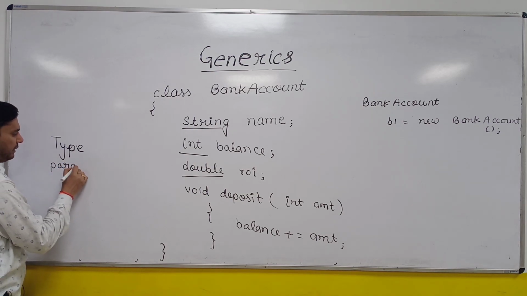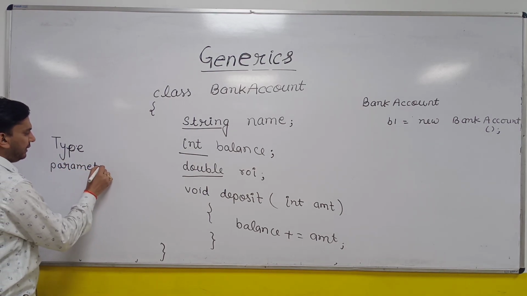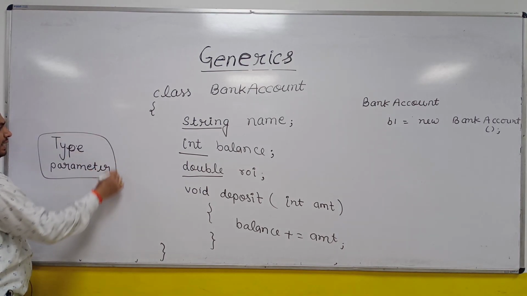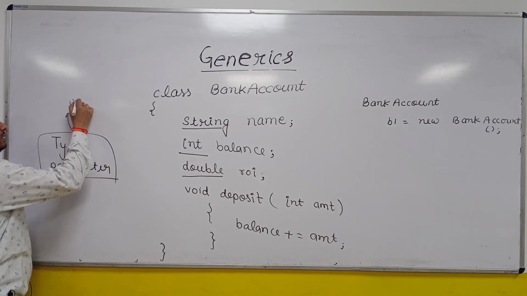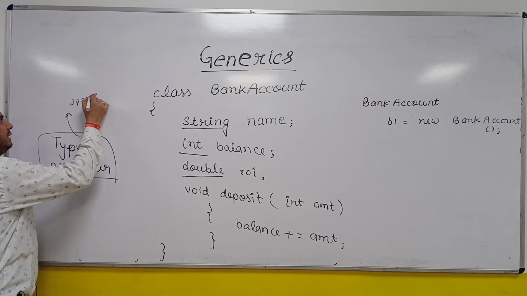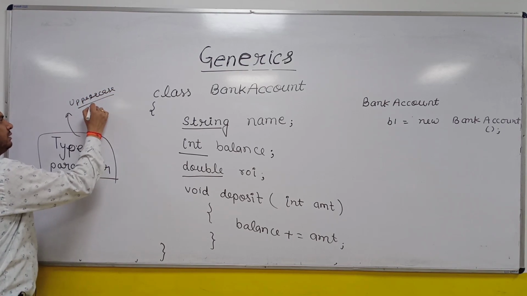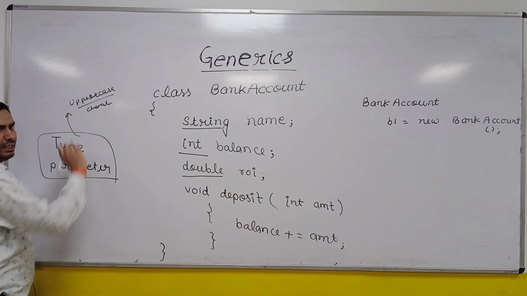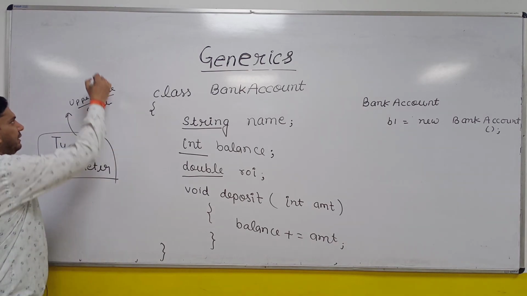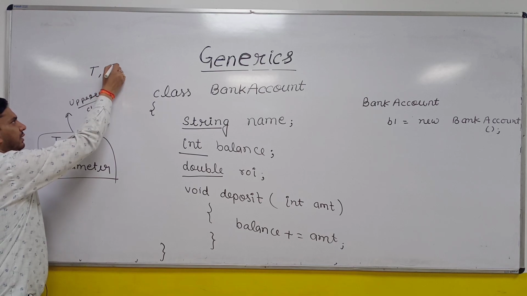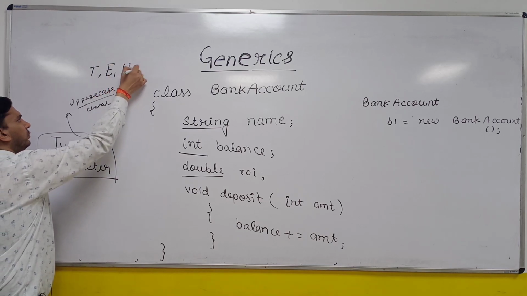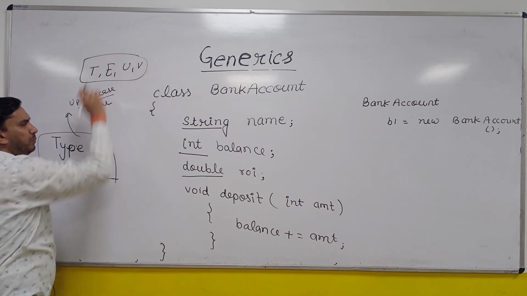What is a type parameter? Again, there is a convention that type parameters must be an uppercase character, but it is just a convention. You can use any character, lowercase or uppercase. Generally you might have seen T, E, U, V, all these kinds of type parameters.